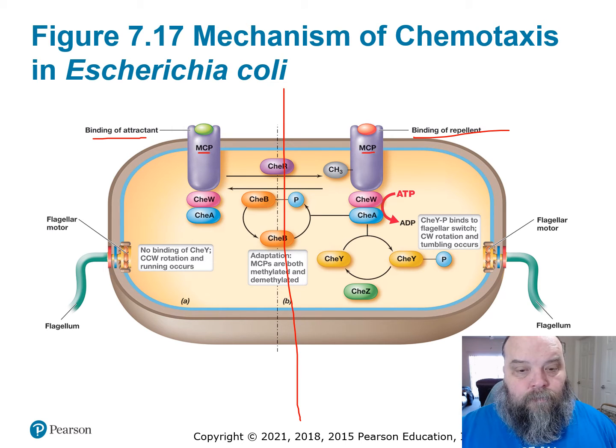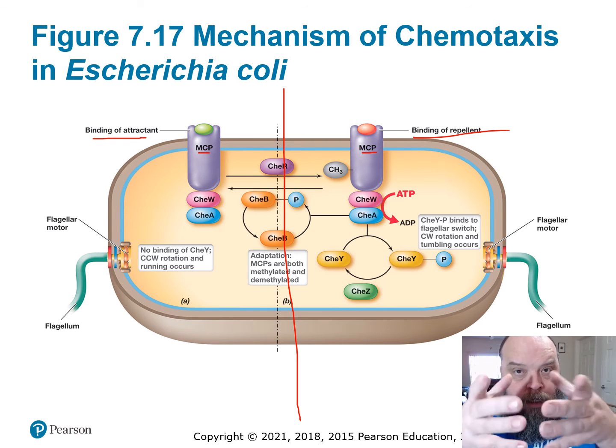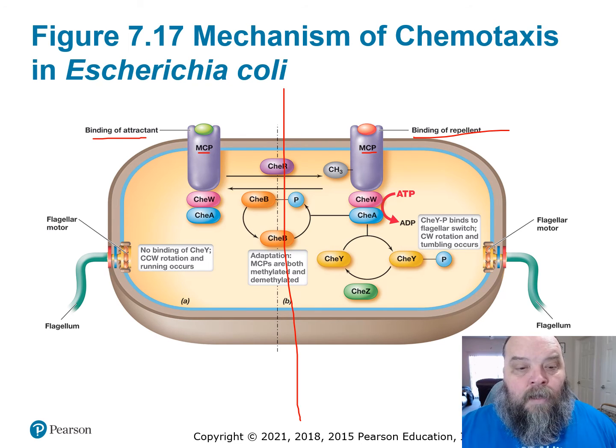MCPs in these arrays, these clusters, get bound by an attractant. Remember, it autophosphorylates itself, then phosphorylates a couple of others, CheW, CheA. Signal process, boom. Flagella starts spinning. But here's the thing.